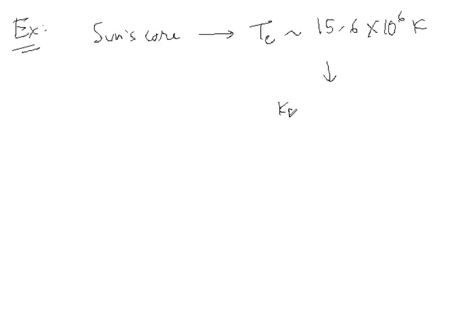This means that kBT, the thermal energy, is approximately 1.3 keV. I would like you to estimate the penetration probabilities for the 2 proton and the 2 helium nucleus collision case. What will be the penetration probability?